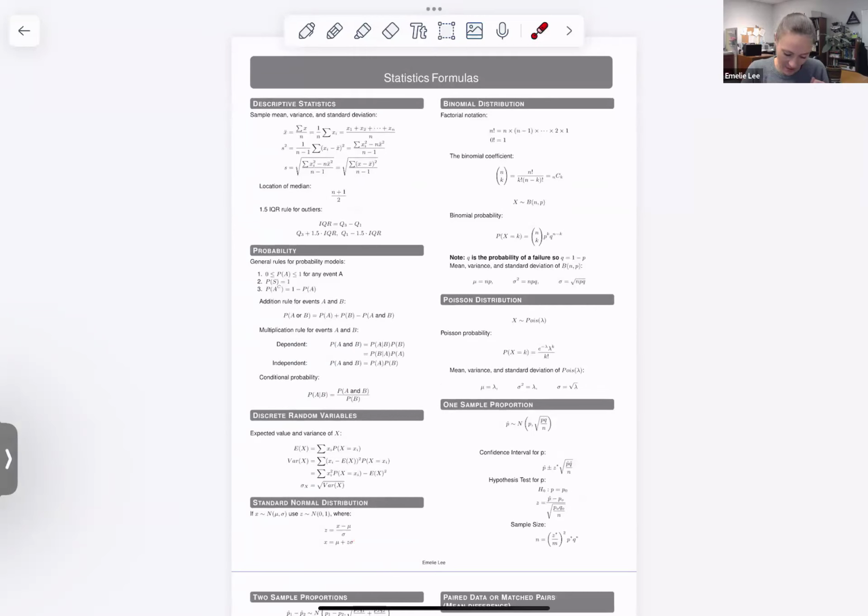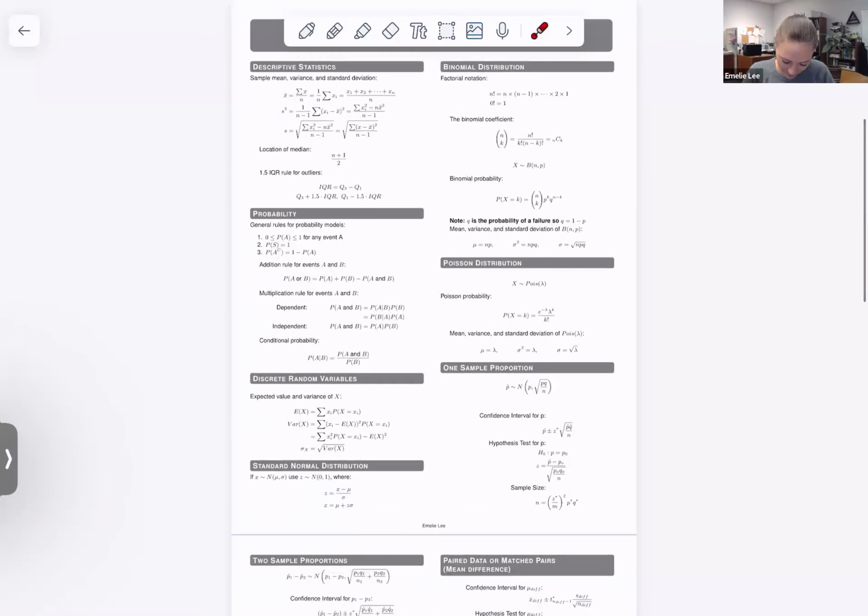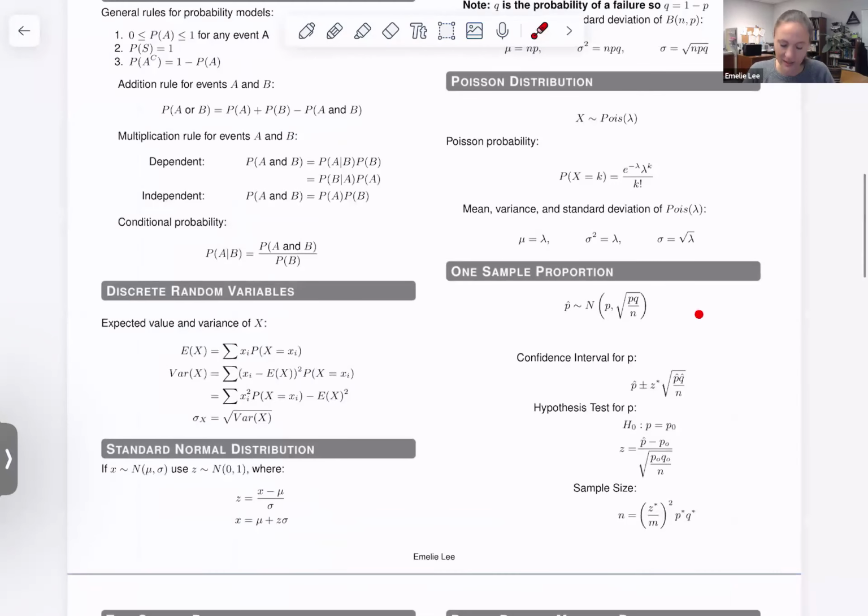This looks like it might be an old one, but then we have the z-scores. And then we moved into the binomial distribution. I gave you a bonus assignment for the Poisson distribution, and I'm curious to know how that was. I thought it was kind of a fun thing when I tried it, but now we're here, one sample proportion.